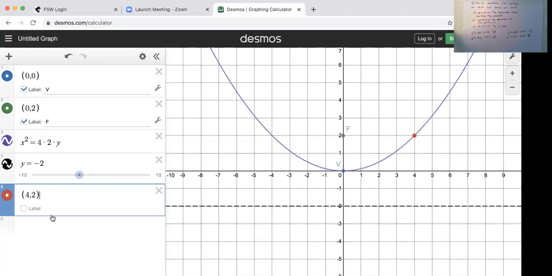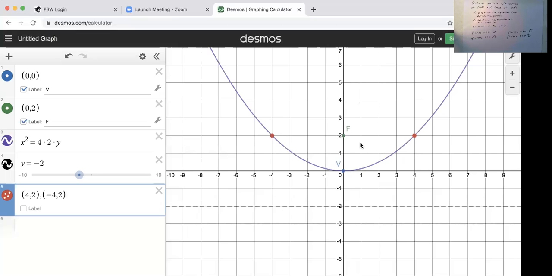We see that point, and the point (-4, 2). I want you to take a look at the distance from the focus, 1, 2, 3, 4, from the directrix, 1, 2, 3, 4. So those are 2 points you can find on the graph to help you actually construct it.